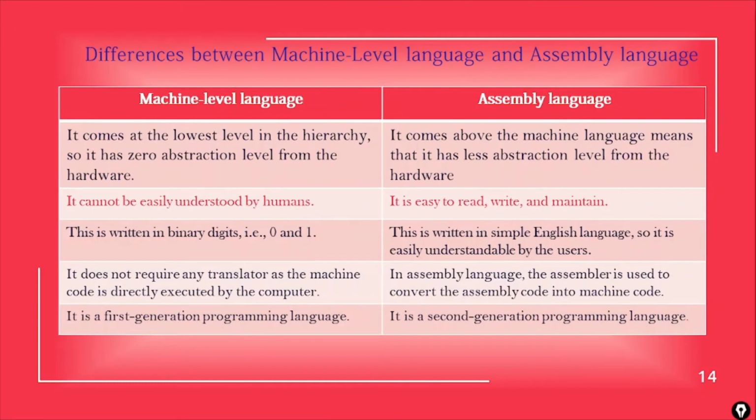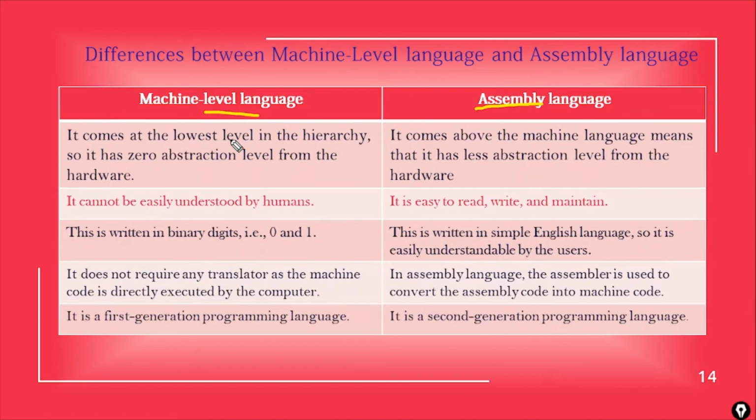And here we learn what the differences are between the machine level and the assembly level language. Machine level language is the first generation programming language, and assembly level language is a second generation programming language.